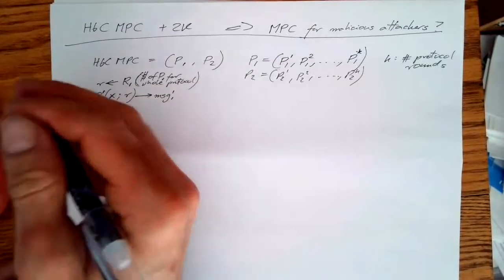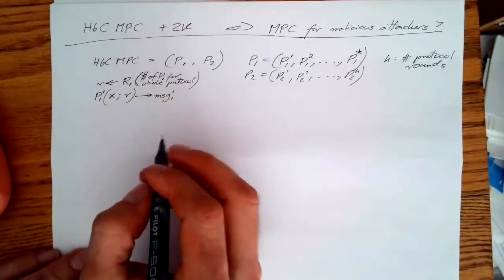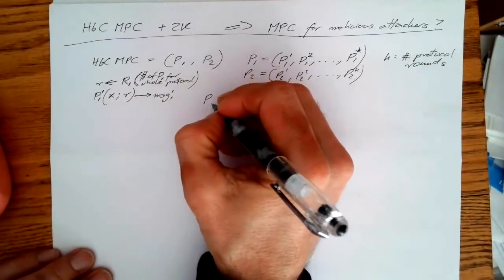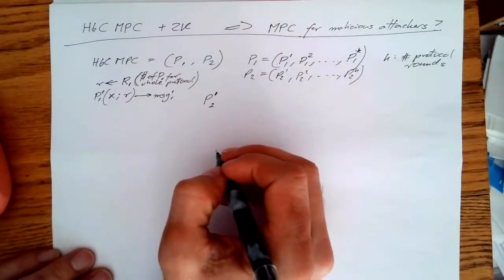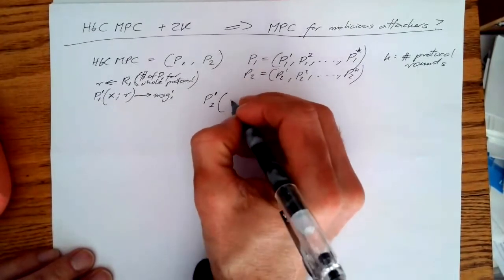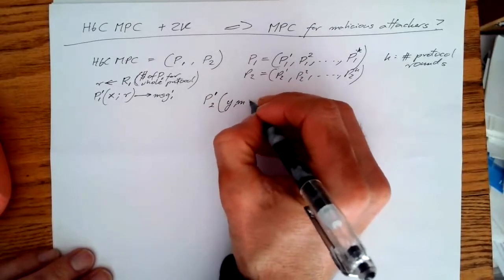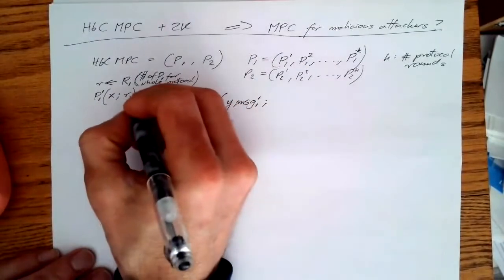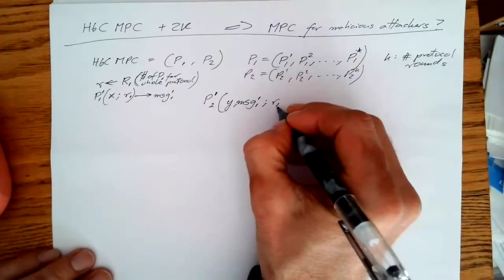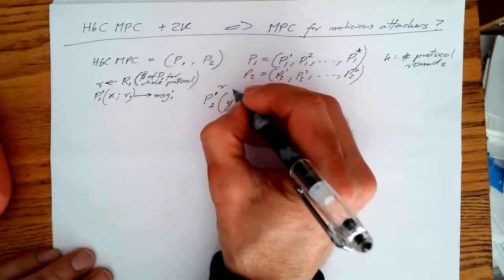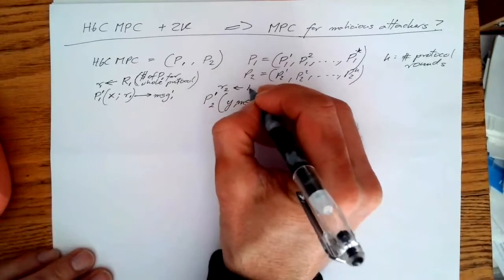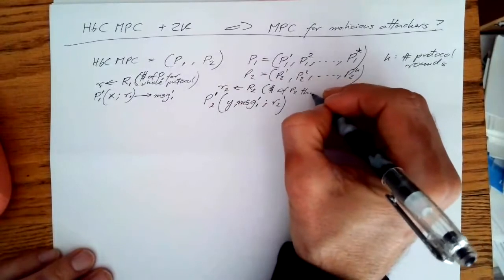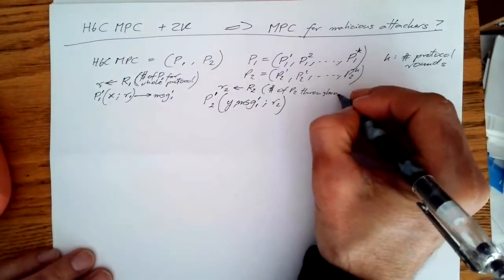Let's say P1 is the player that goes first, it's up to renaming. P2's first round protocol takes input Y, the message that he got from P1, and the randomness which P2 takes from a different space. So this is the randomness of P2 throughout the protocol.